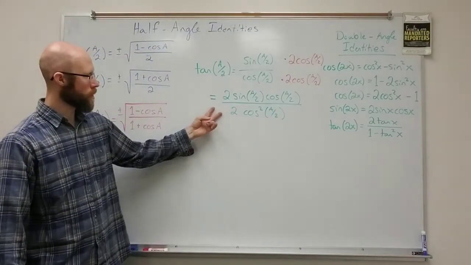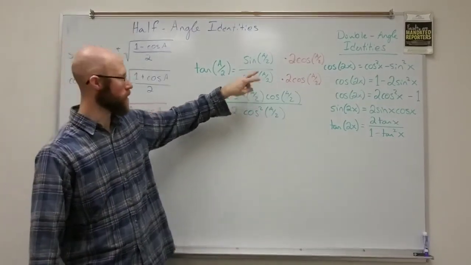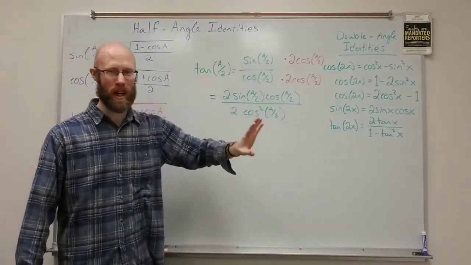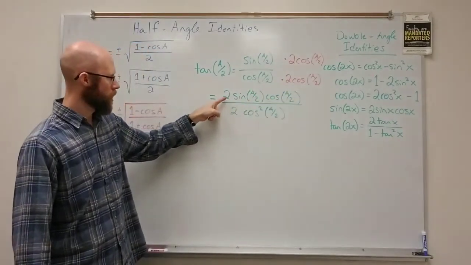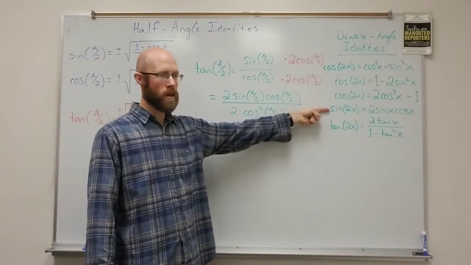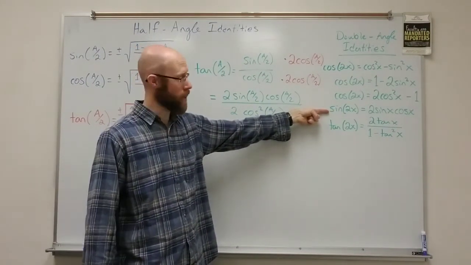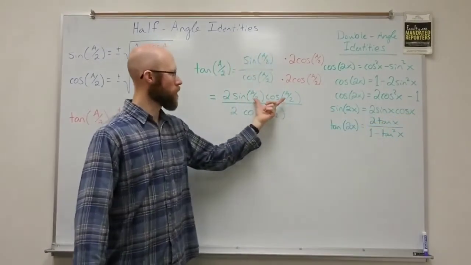Now, at this point, I don't want to simplify. My temptation is to cancel the 2's here. It actually went through my head, but I put those 2's in for a reason, so I don't want to cancel them out. Instead, I'm going to use the top of this formula. 2 sine a over 2 cos a over 2 looks a lot like the right side of our double angle identity. In fact, it is the right side. But notice, here we have x's, here we have a over 2's.